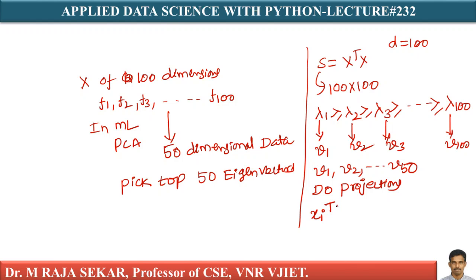If I want to transform it, xi transpose must be multiplied with the corresponding eigenvectors, V1, V2, just like for 2 dimensions.